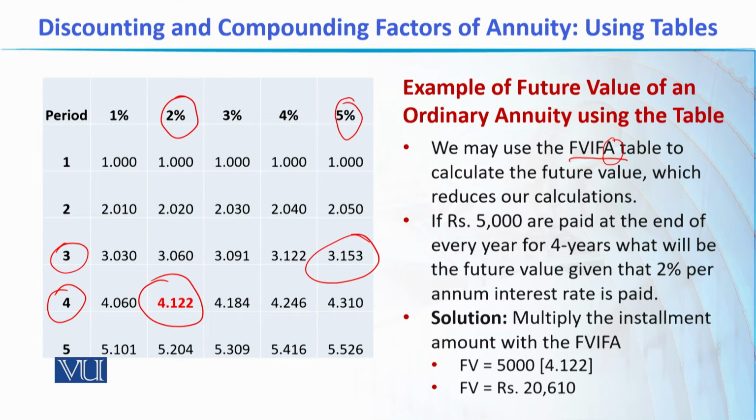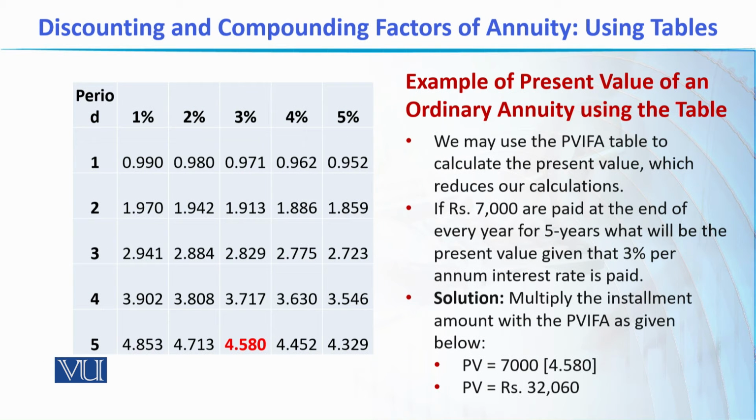So all we need to do is then to multiply this with the amount of installment to get the future value. Continuing this, we can also calculate the present values of an annuity by using the table. Like the future value of an ordinary annuity, we can also use these tables to calculate the present values of ordinary annuities.